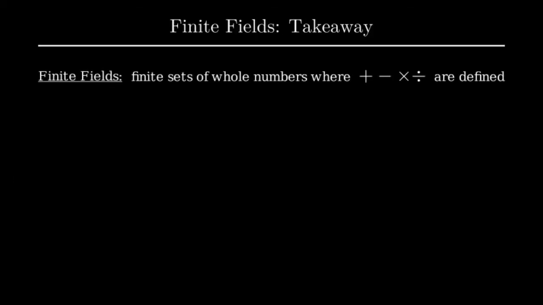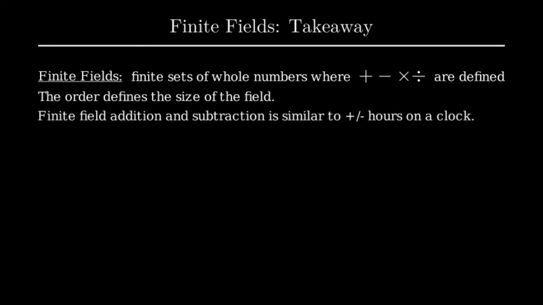In conclusion, finite fields are sets of whole integers where addition, subtraction, multiplication, and division are defined. The order defines the size of the field. Addition and subtraction are similar to adding and subtracting hours on a clock.